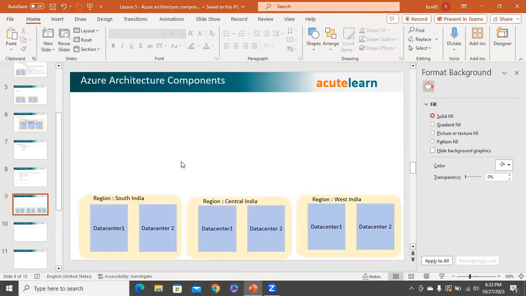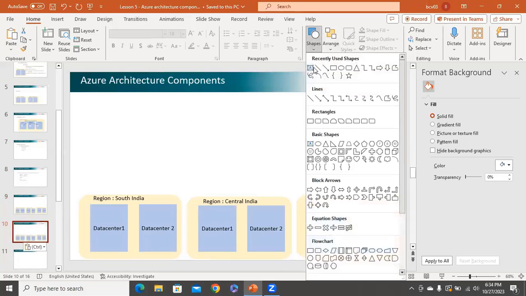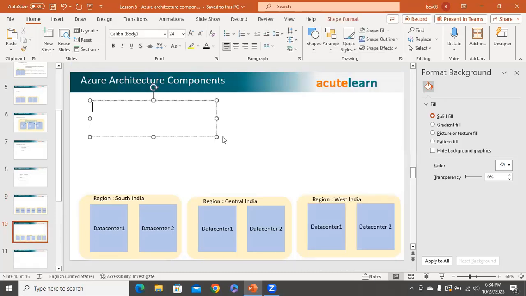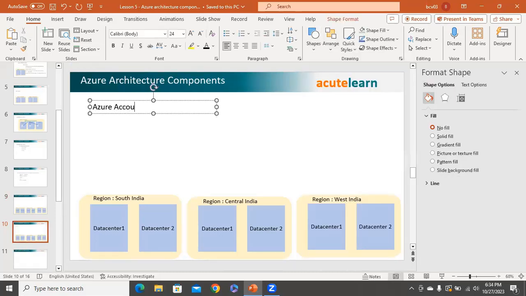So now, how are the customers going to use these data centers? There is basically a logical layer. So we use something called an Azure account.